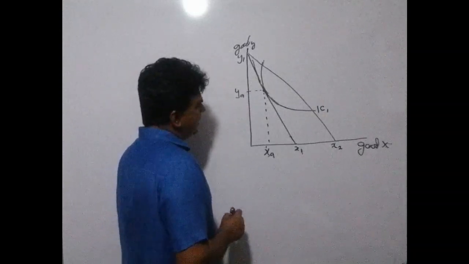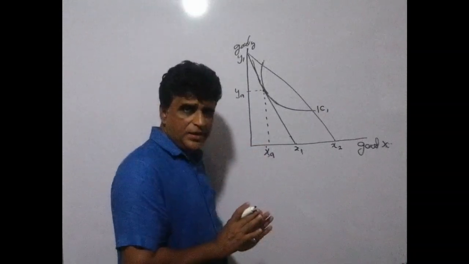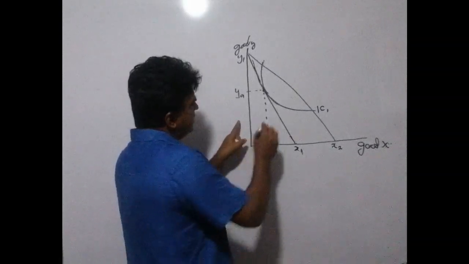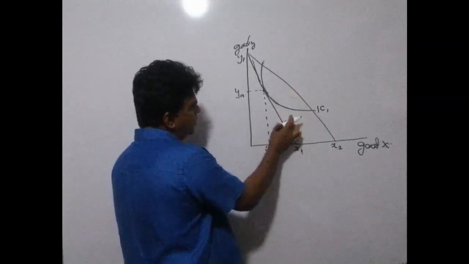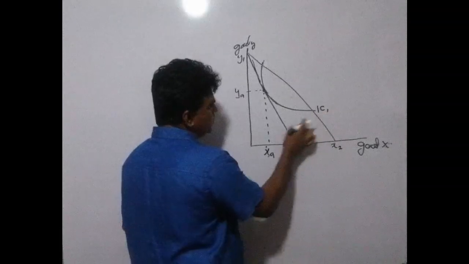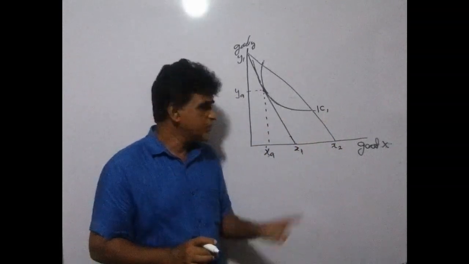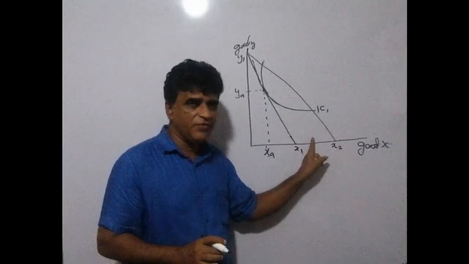Now, to understand the substitution effect, we know the slopes of these two budget lines are different.